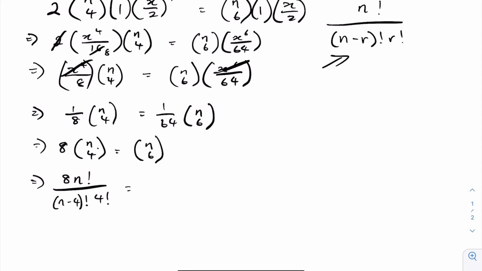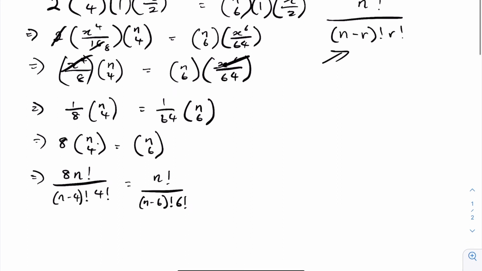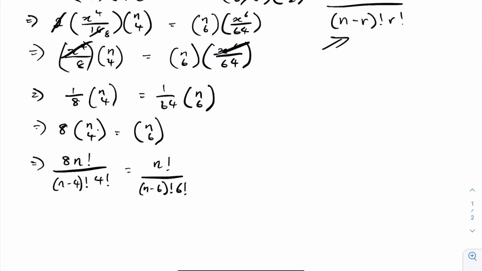This way we can do the same thing here, n factorial over n minus 6 factorial, times 6 factorial. And 6 factorial is essentially 6 times 5 times 4 times 3 times 2 times 1, which is, I'm just doing it on my calculator right now, 720. And 4 factorial is just 4 times 3 times 2 times 1, which is 24.